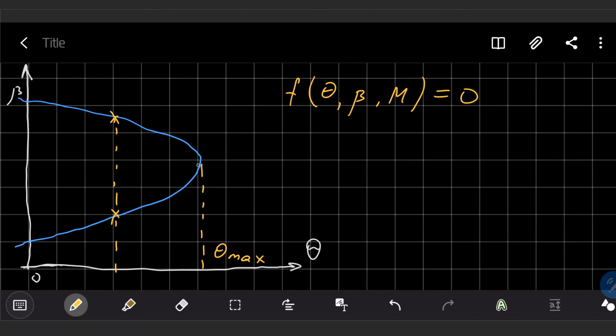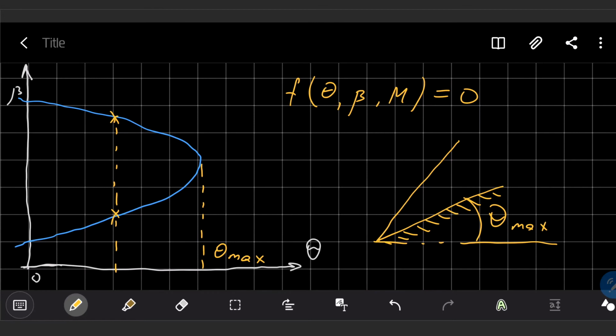So when we have a body of this theta maximum, we already have the maximum possible beta and maximum possible angle of the shock wave. If we increase this theta a bit more, this oblique shock wave will not happen anymore, and we will start to have a normal shock wave.